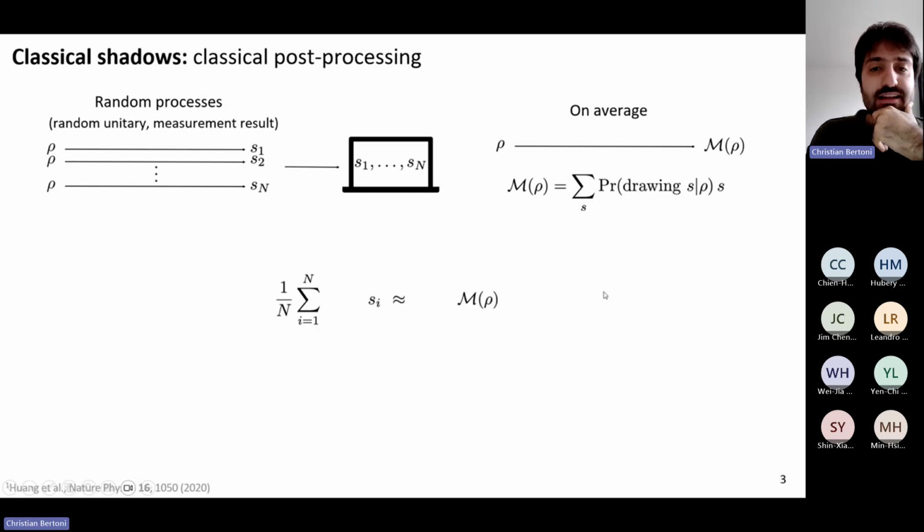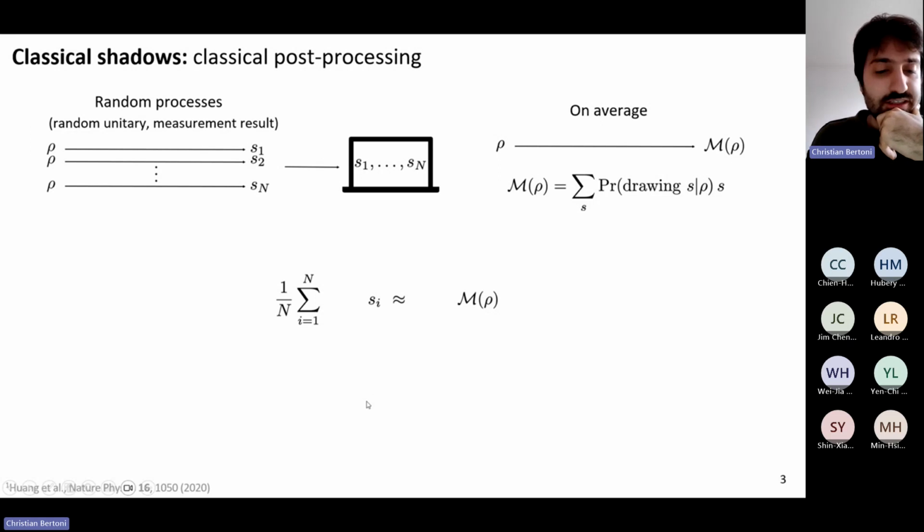So, in a sense, we could think of the data on our computer as a representation, not really of the state, but of the image of the state corresponding to this quantum channel. Since if we just take the empirical average of these classical snapshots, they are all drawn from this probability distribution, we should get an approximation of this M of rho.